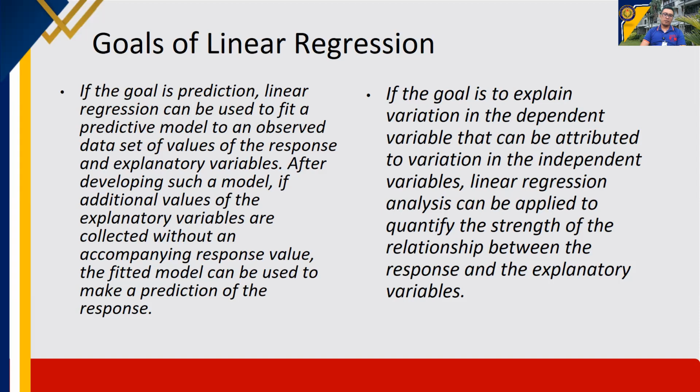If the goal is to explain variation in the dependent variable that can be attributed to variation in the independent variables, linear regression analysis can be applied to quantify the strength of the relationship between the response and the explanatory variables.